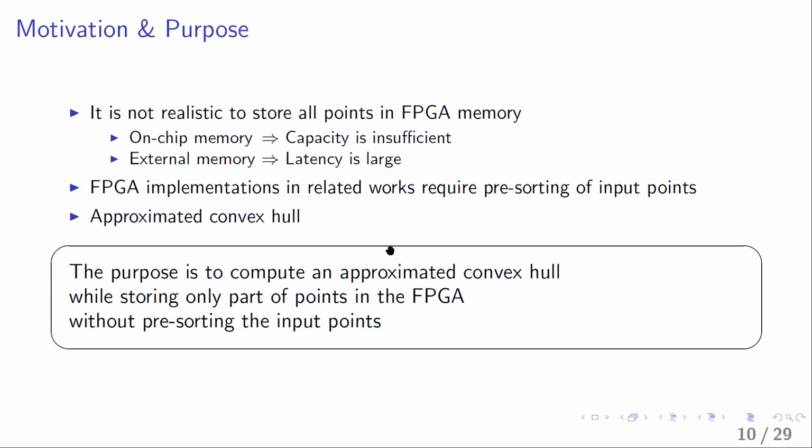Furthermore, the approximated convex hull may be used instead of the exact convex hull. Therefore, in this work, we propose a method that finds an approximated convex hull while storing only parts of the given point set in FPGA, and evaluated the execution time and the approximation accuracy.